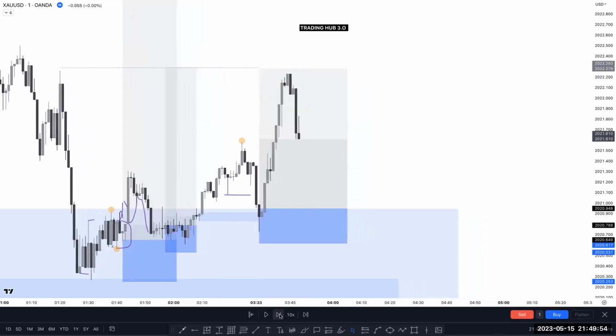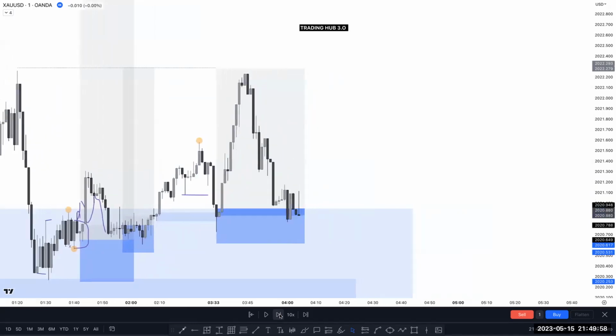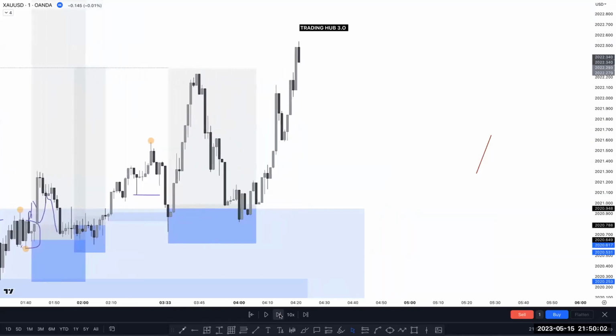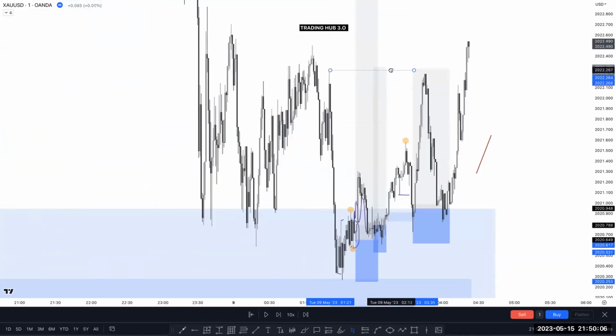And then let's see. There's no inducement here. The market reaches your first high here, and the actual high is here, because the market dropped at this point, not this one.